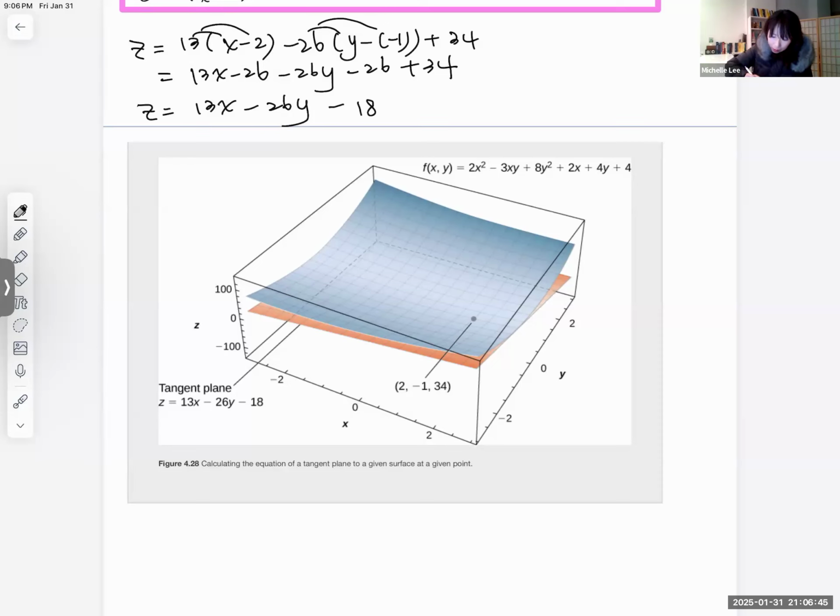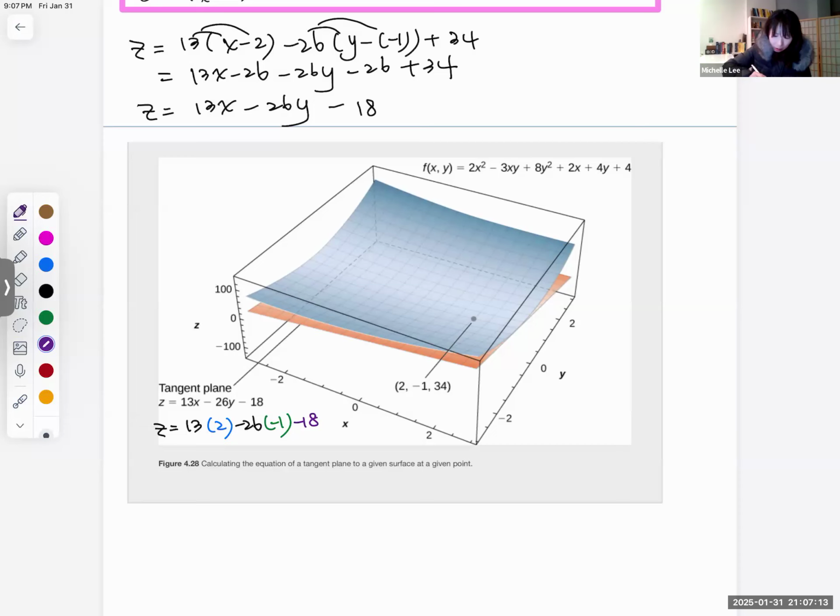So that is z equal to 13 times 2 minus 26 times -1 plus 34, oh no, minus 18, equal to 34, right?